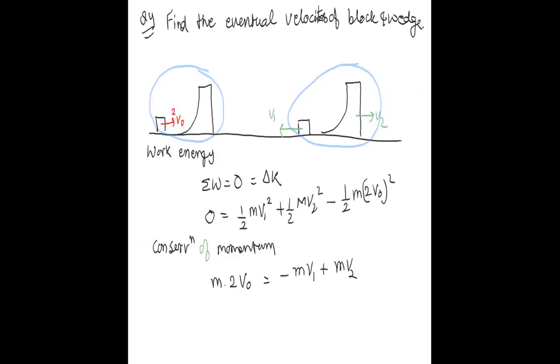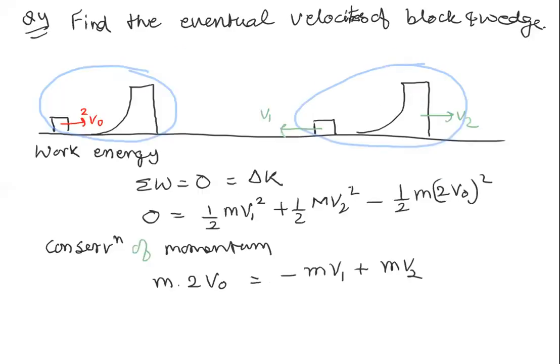Now I have written minus mv1. Okay, I can omit the minus sign. If I omit the minus sign, इसका मतलब ये हुआ कि मैं velocity v1 ऐसे लेके चल रहा हूँ, which is absolutely okay.